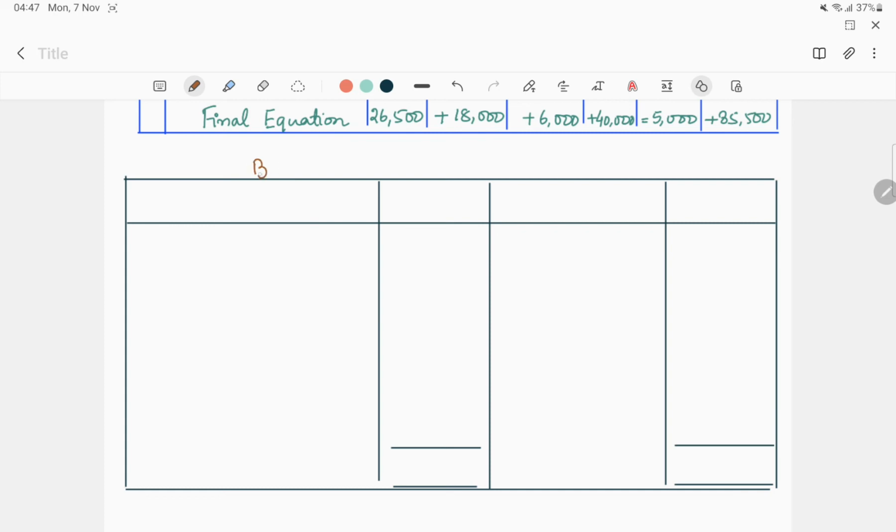In this table you are going to write the balance sheet of Mukesh. So the table topic will be balance sheet of Mukesh.